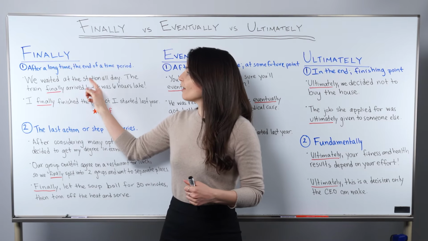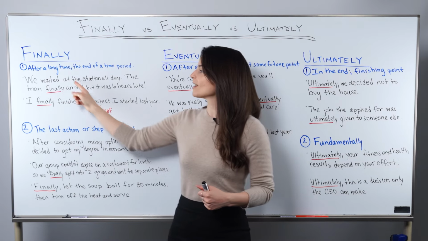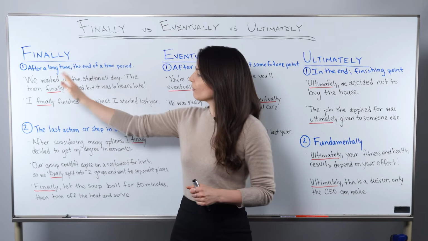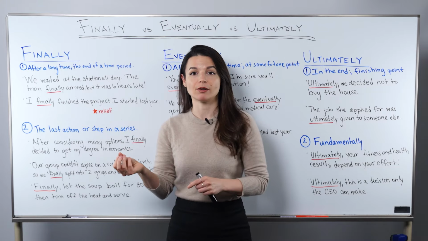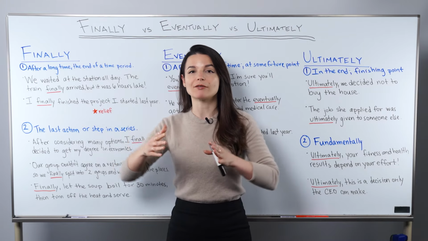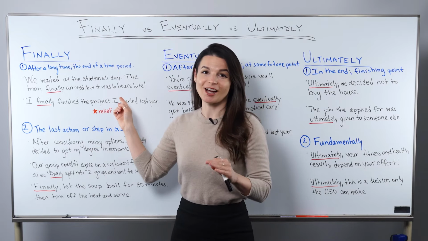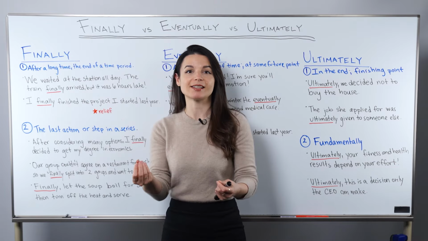This expresses that after a long time, in this case, 6 hours, something finally happened, or something in the end happened. So the feeling here is that this thing happened at the end of a time period. And generally, we use this after a long time period. In this case, 6 hours is a long time to wait at a train station, so we use the word finally to express that feeling.